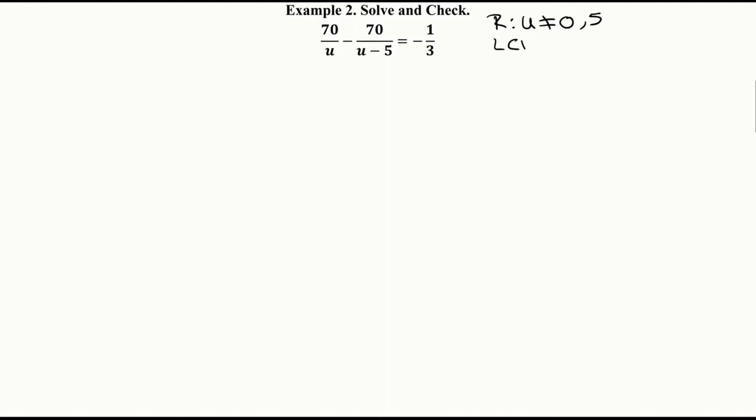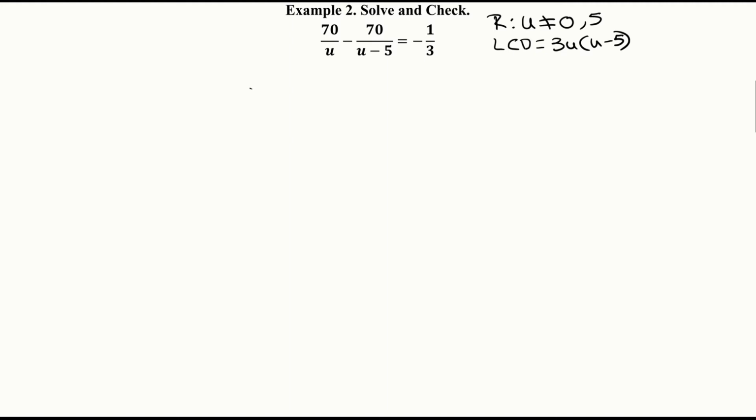And the LCD here is just going to be 3 times u minus 5, as you know. So 3u times u minus 5. So we'll go ahead and multiply both sides of this equation by 3u times u minus 5.